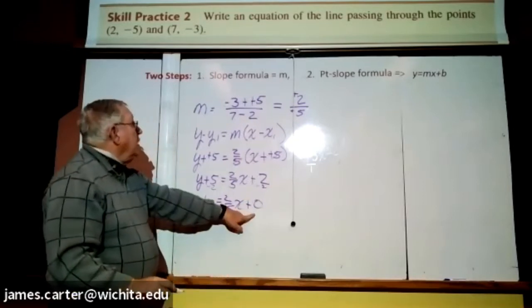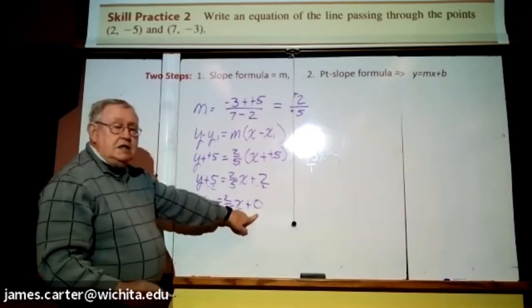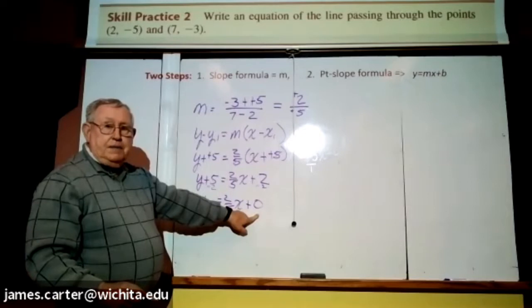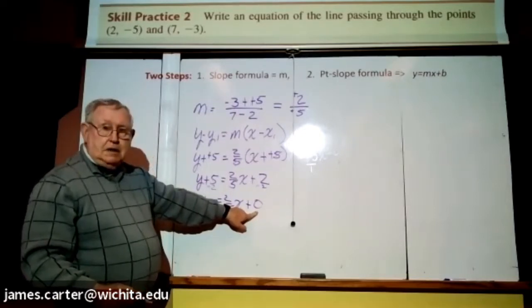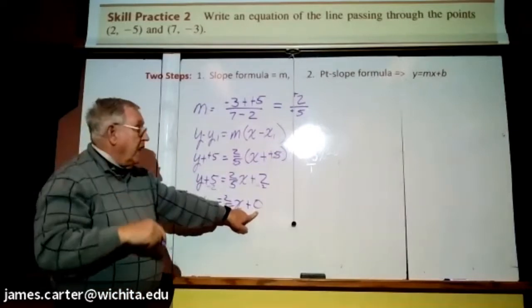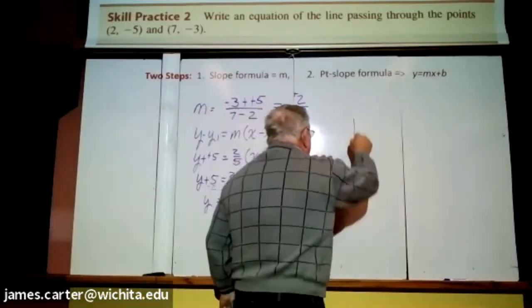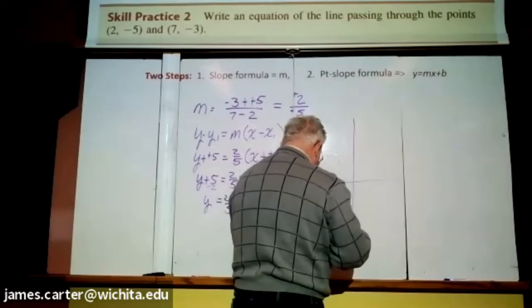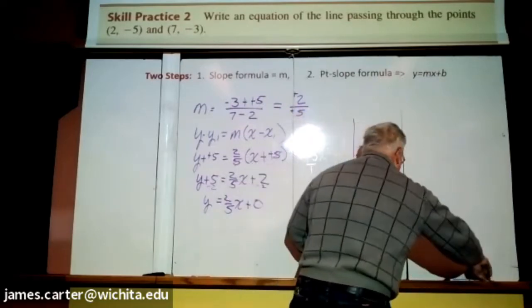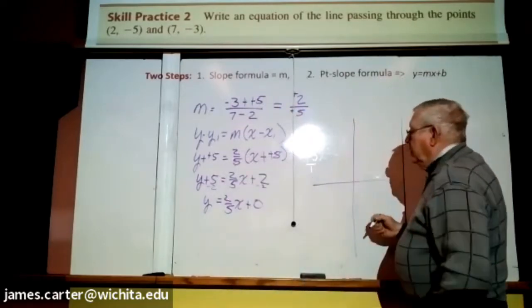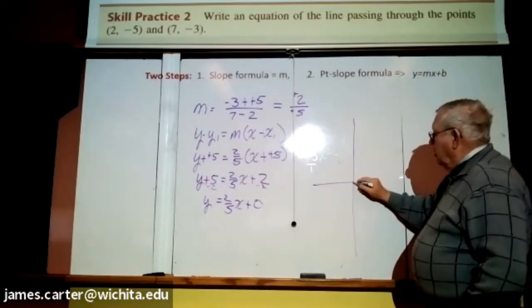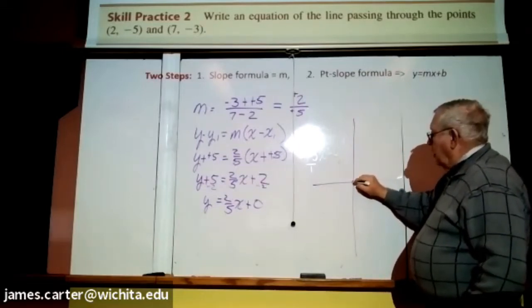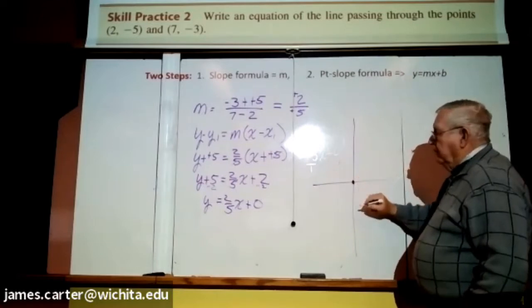Now, what does this mean? This means that it's on the x-axis. Excuse me, it's on the y-axis. So if I have my graph paper here, then that means I have a y-intercept of 0 right there.